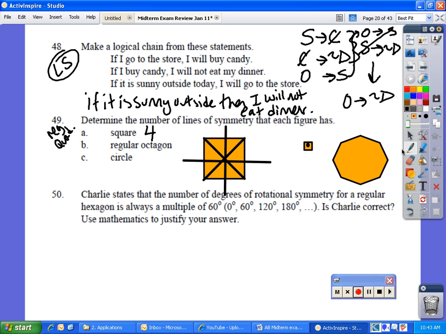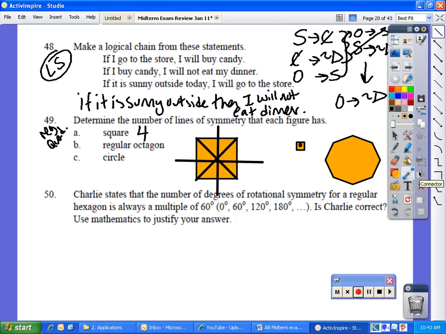Here we've got our octagon, and I'm going to draw my lines of symmetry through it again. Now I can connect the opposite sides to one another, the opposite vertices. So I've got one. I've got another one. Let's do another one. 2, 3, and 4.